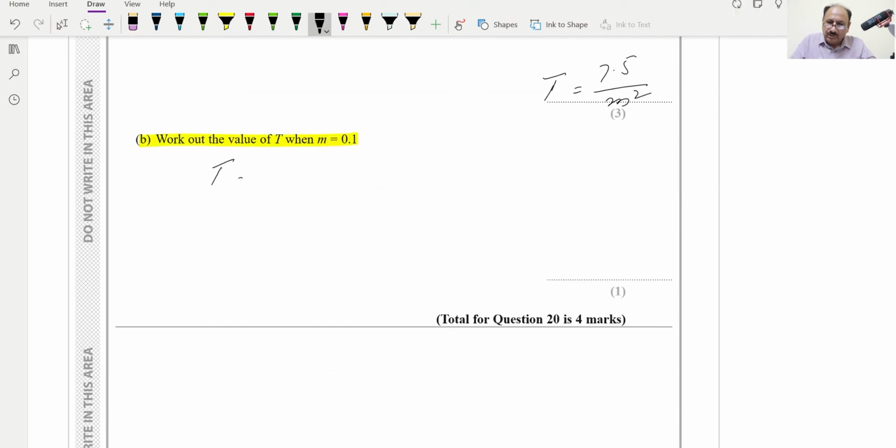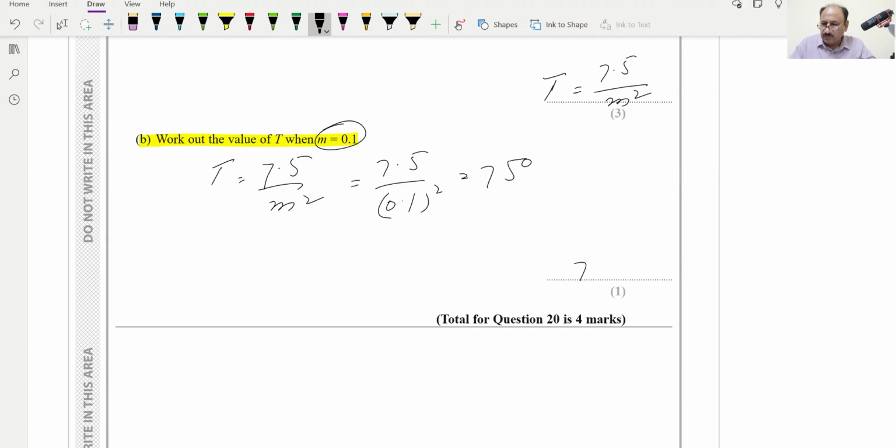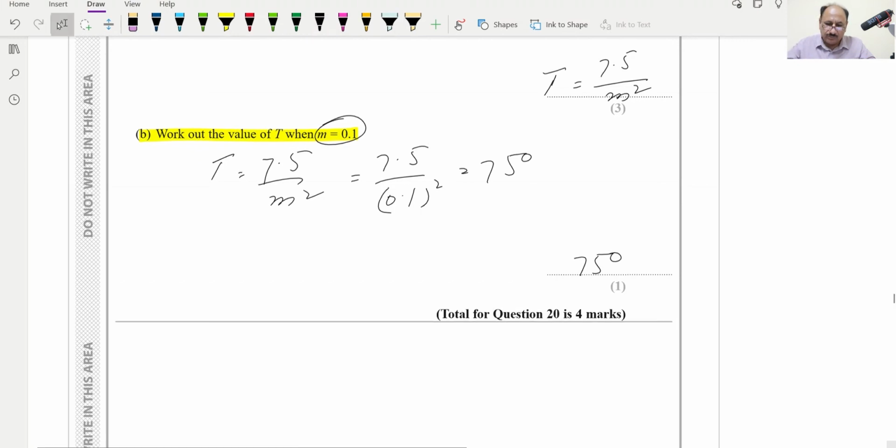We know T is equal to 7.5 over m squared, so 7.5 over 0.1 squared, and 750 will be our answer. One more question which we have done.